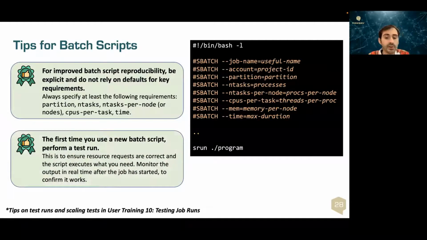And also another tip, which we're going to cover a bit in more detail in the next module, module 10. The first time you set up a new batch script, it's very good to perform a test run, which can actually just be, okay, you submit the job and you monitor it when it starts to make sure that it works, that what you requested in terms of resources is correct, that your setup of the batch script is correct, and that the outputs that you are getting are what you were expecting to get in terms of the setup.